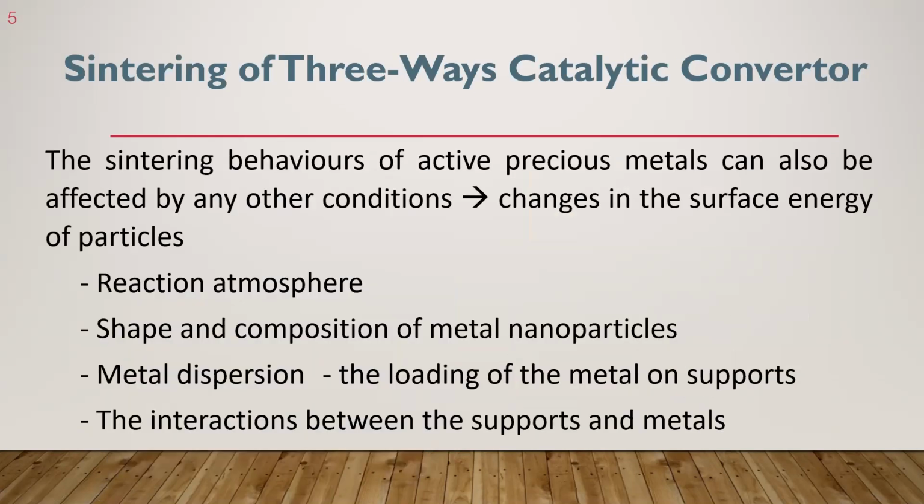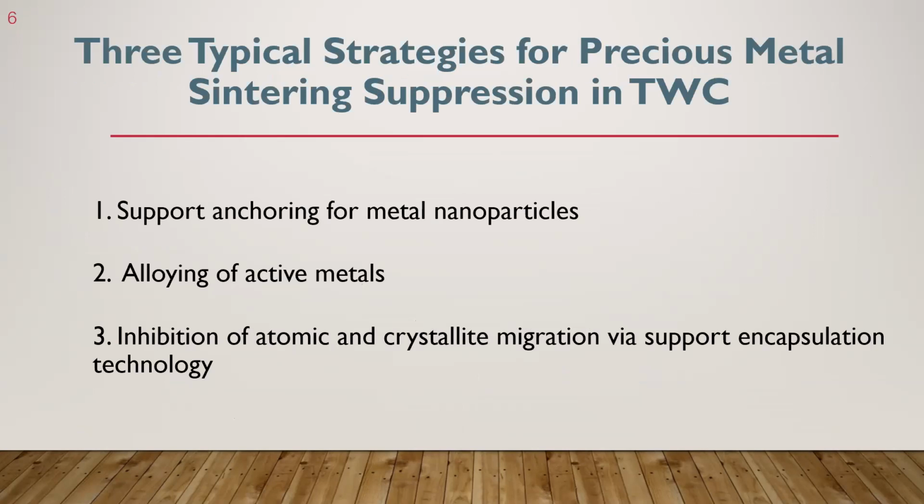From the previous slide, the experimental observation shows that temperature is the dominant factor for sintering, right? The sintering behavior of the active precious metal can also be affected by any other condition that leads to a change in the surface energy of the particles, such as reaction atmosphere, shape and composition of the metal nanoparticles, metal dispersion, the loading of the metal on the support, and the last one is the interaction between the support and the metal.